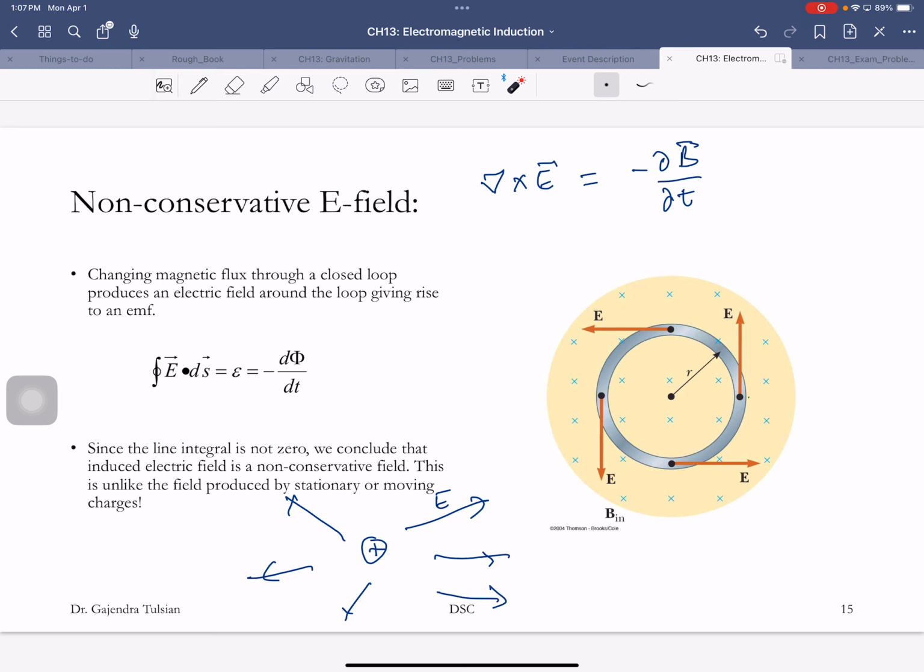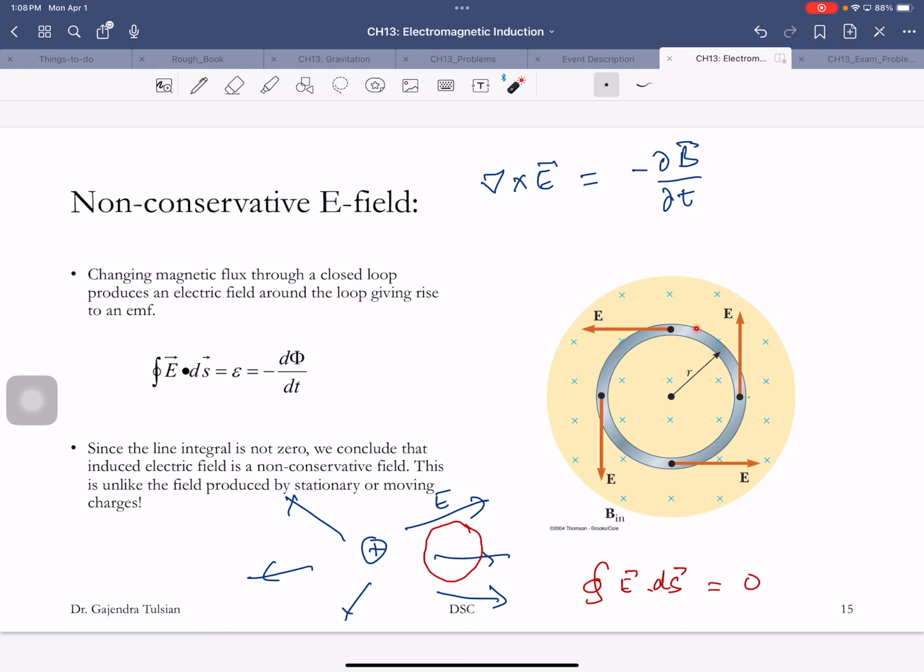Well, what is the difference between this field and this field? The curl for this is non-zero. The curl for this is zero. What that means is the following. If you take a line integral of this electric field, for this electric field it is zero.